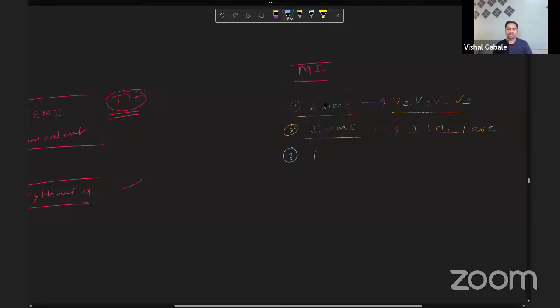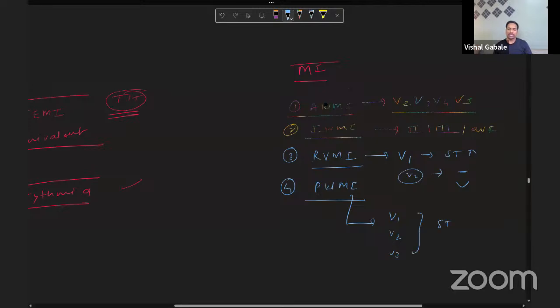We discussed the anterolateral, and before that, the RVMI. Then we discussed the posterior wall. RVMI had ST elevation in V1, and V2 can be isoelectric or show ST depression. In the posterior wall, V1, V2, V3 all had ST depression, and that too horizontal ST depression. So that's about yesterday's part.